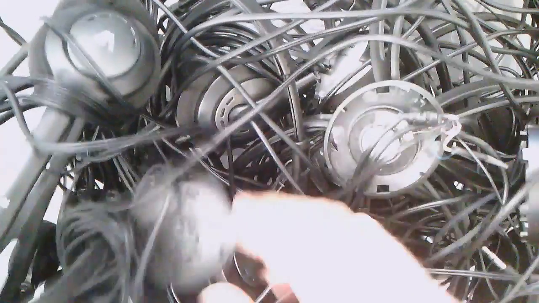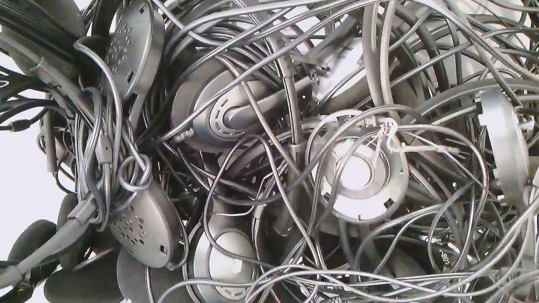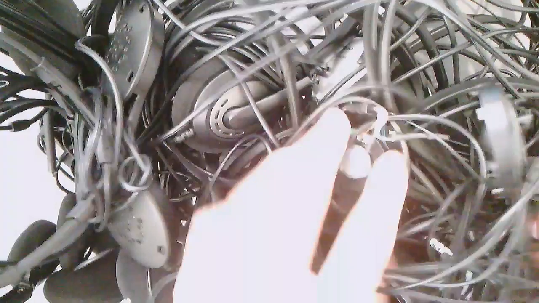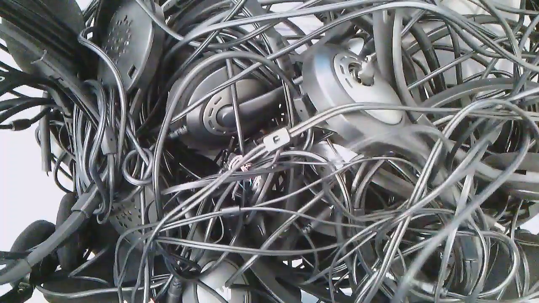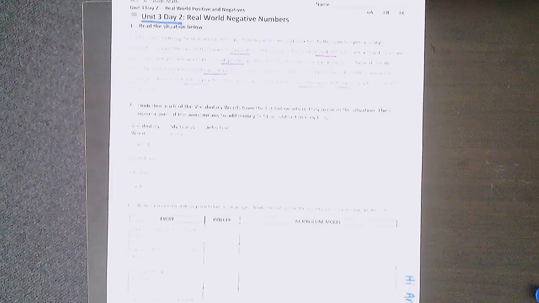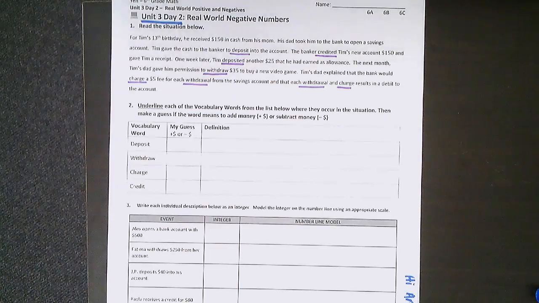I can't use this anymore. This one's missing a piece, right? And all of this is happening because when we put our headphones back, some of us are not doing a very good job of wrapping the headphones up. So we're left with this giant mess of headphones. And it causes some damage, and it costs money to repair.